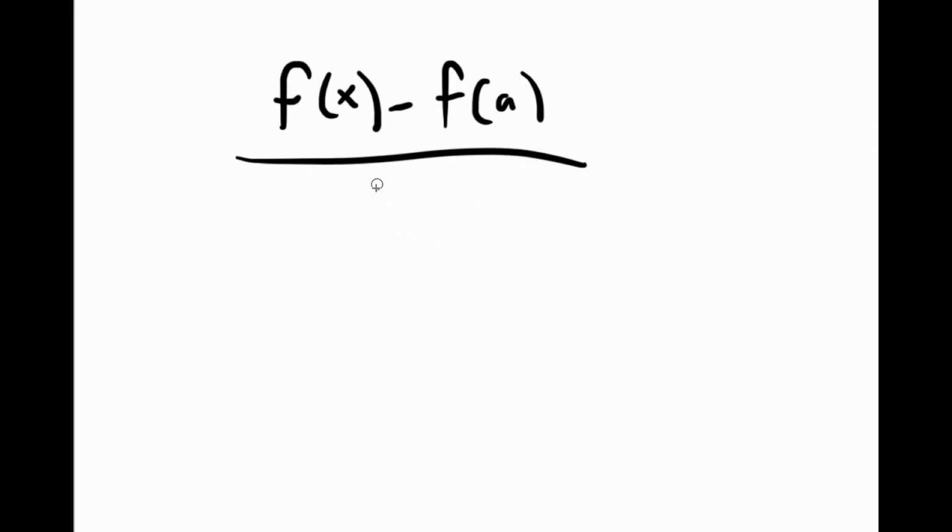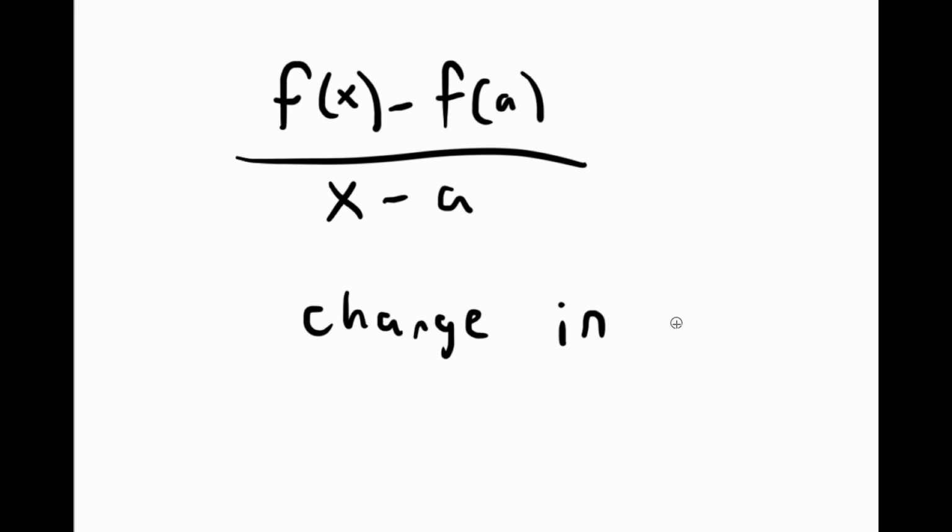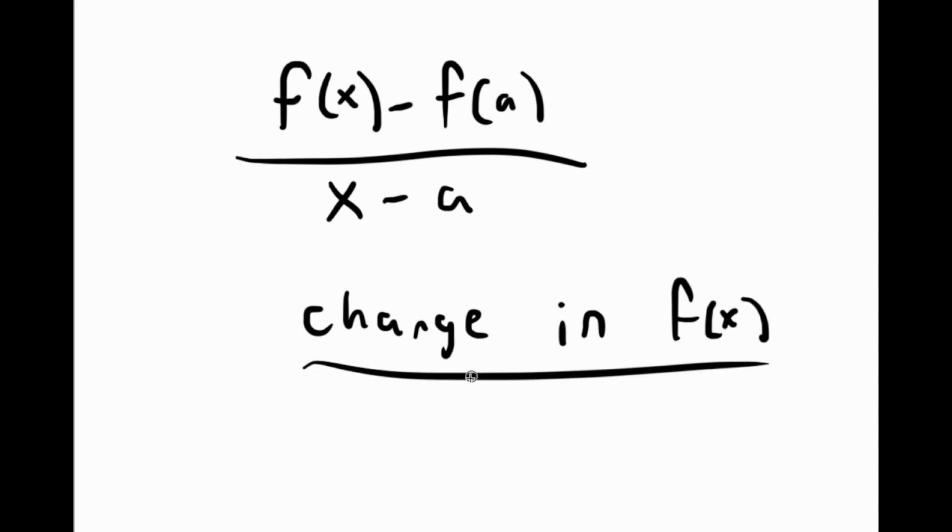So instantaneous rate of change is basically going to be equal to f of x minus f of a divided by x minus a. So we're basically saying the change in f of x divided by change in x.